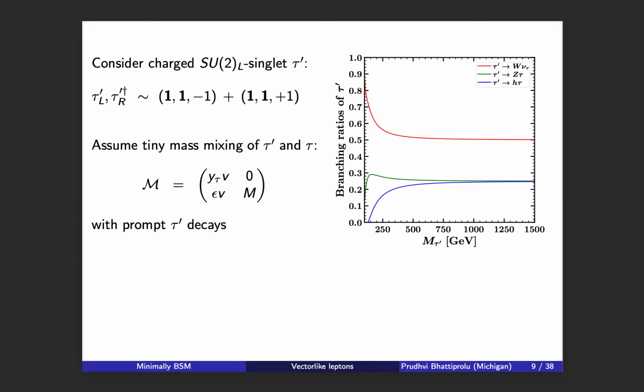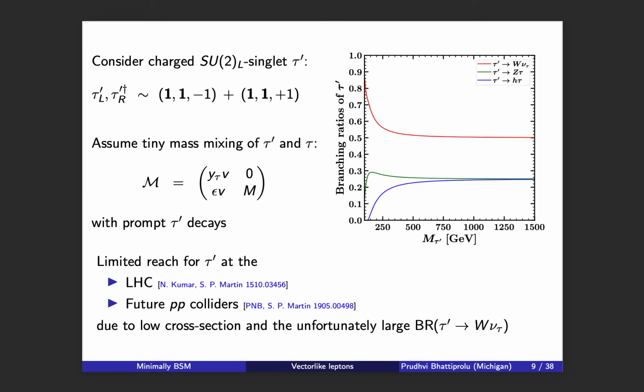Here we can see that the branching ratio for W and neutrinos is the largest. We can also see that as I increase the mass, the branching ratios approach the Goldstone equivalence. There are already papers that talk about the limited reach for tau prime at the LHC, for example in this paper, and at future pp colliders, which is a paper I wrote with my PhD advisor.